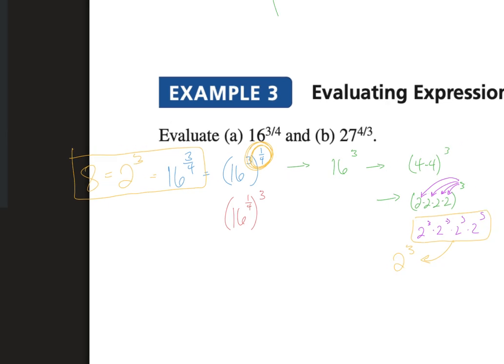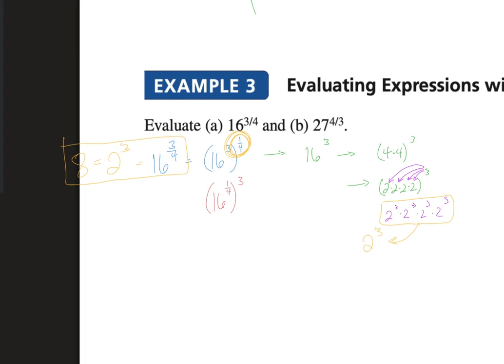Now, if you're very lost, very confused, I'll start again. We started here. I looked at just 16 cubed, and there's this invisible 1/4, I'm going to write it in blue, on each one of these steps.